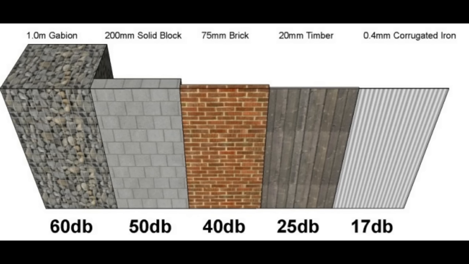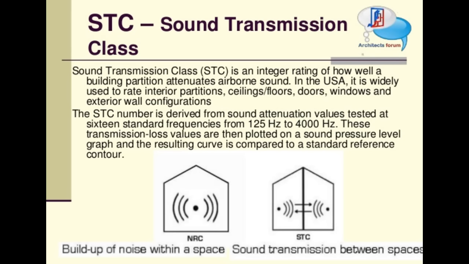And I will get to some of that information shortly. This little diagram gives you an idea of several different types of materials and what decibel level you could expect to get by using them. Now, there are many other factors involved in that, including wind, including height.